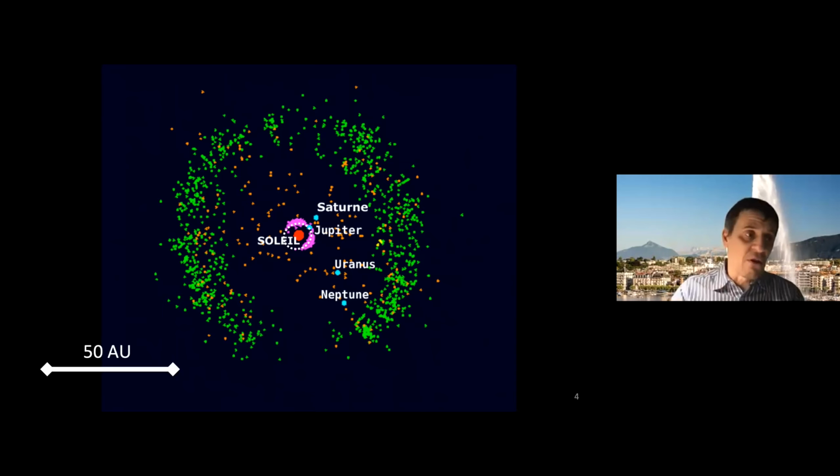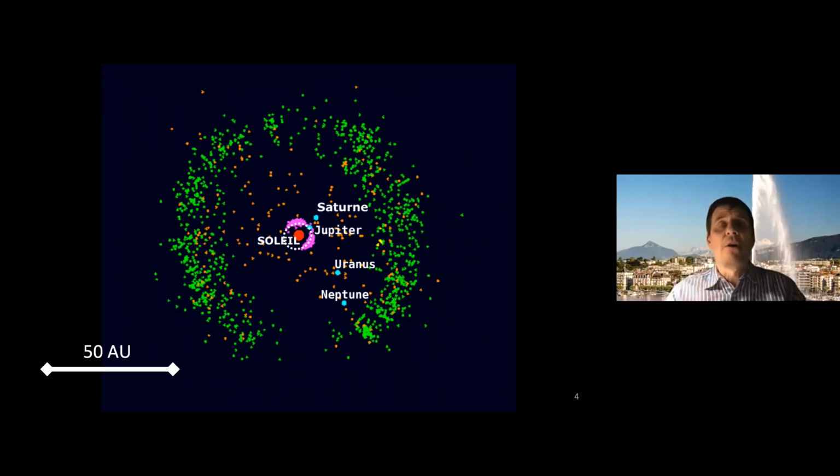And the discovery of these mini objects is not very old. The first of these objects came in '92, and that was the reason why Pluto was demoted from a planet to a dwarf planet, because we realized that Pluto belonged to this population of objects.